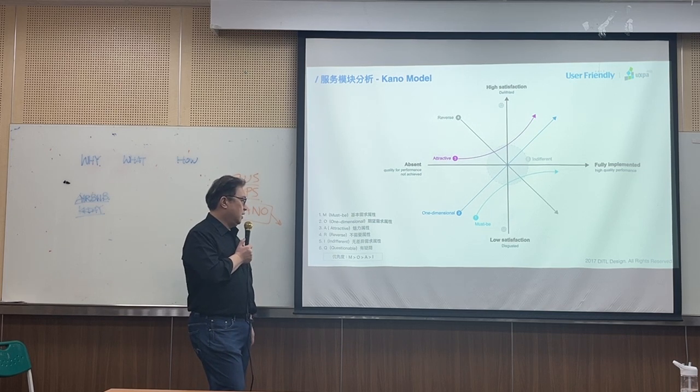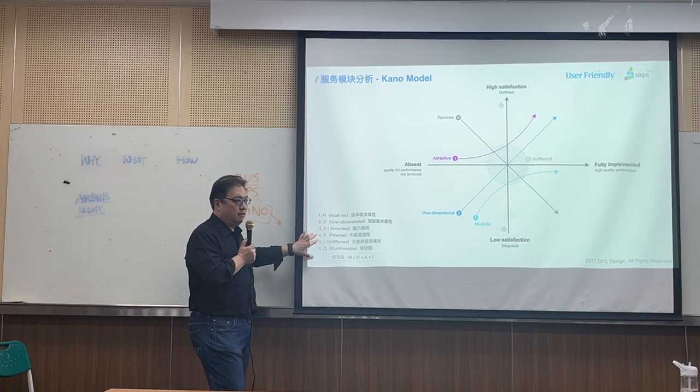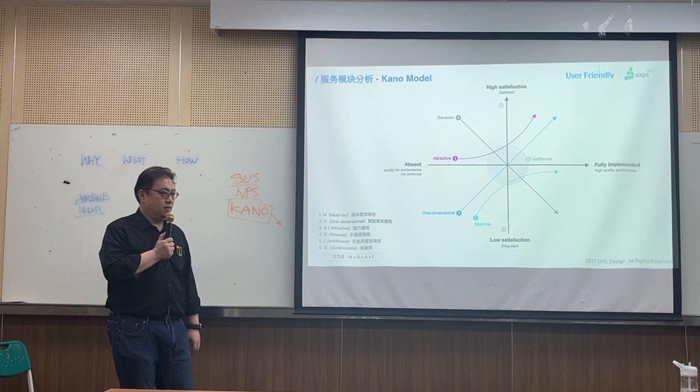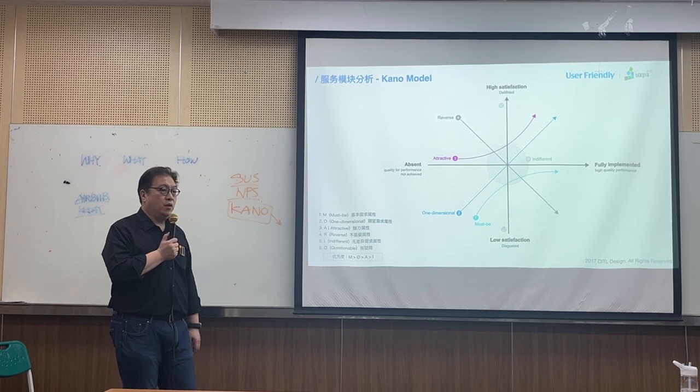The other three are quite interesting. One is reverse: the more you do, the more the user feels dissatisfied. You have to think about the context. For example, if I go to a really nice restaurant and the music is really loud and not the type I like, I will feel really annoyed, even though they have music.